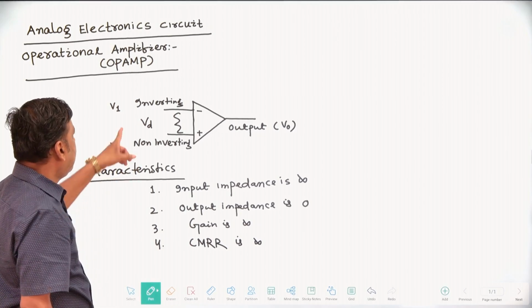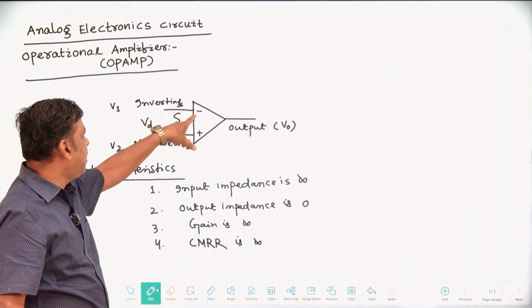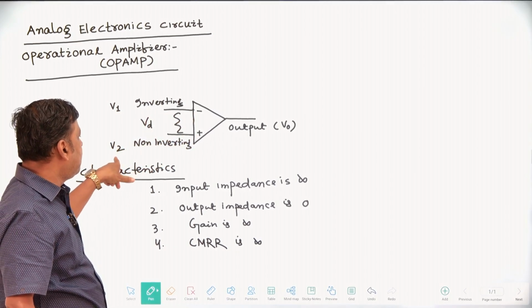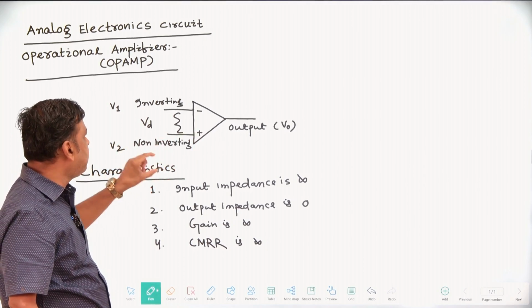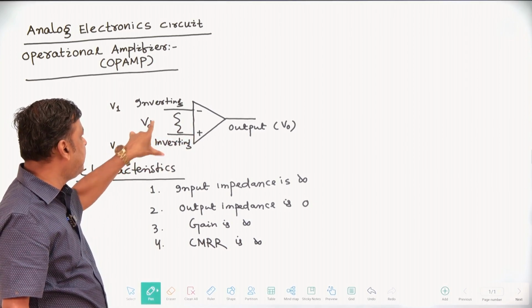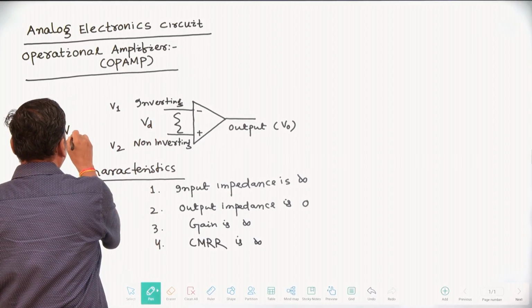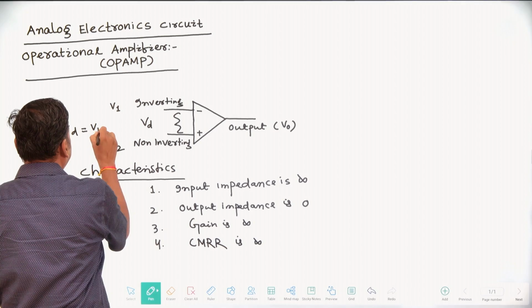V1 is the input to the inverting terminal and V2 is the input to the non-inverting terminal. The difference between the inverting and non-inverting terminal voltages is Vd, and Vd is nothing but V1 minus V2.